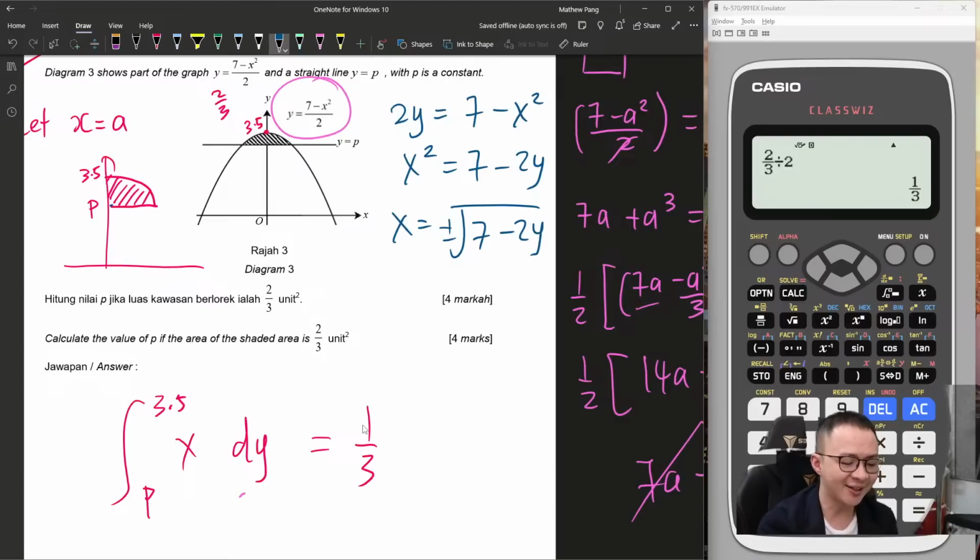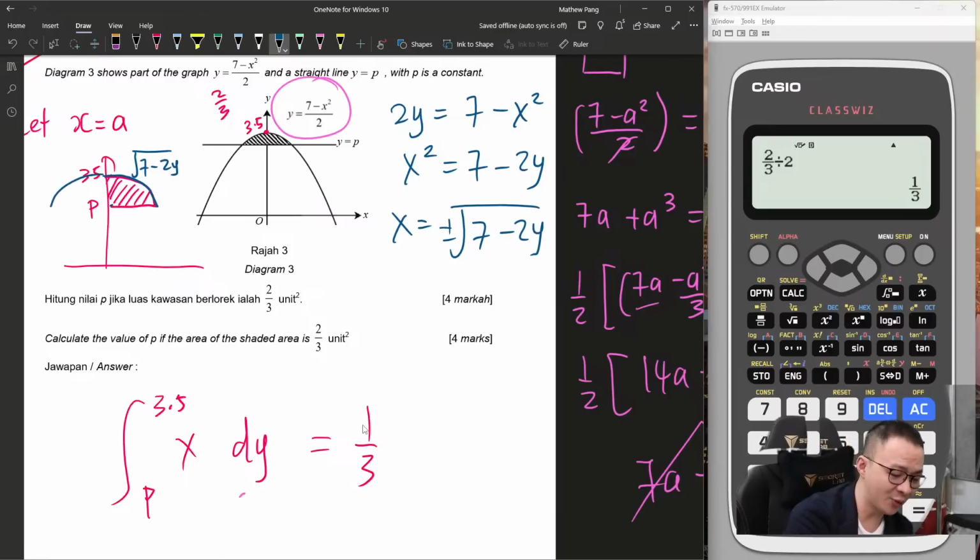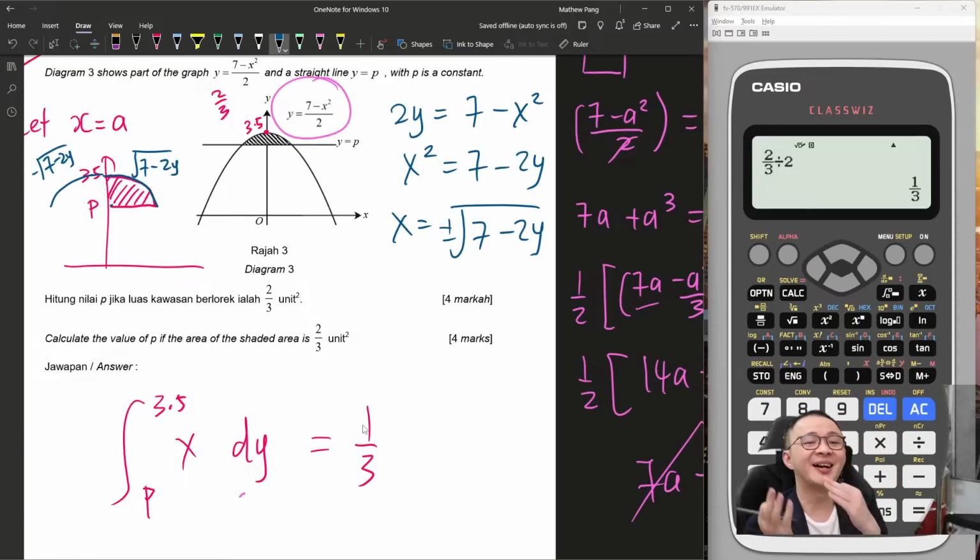So basically, you have two curves here. One curve is the positive version, another curve is the negative version. So from here, one of them, I believe this one, is the square root of 7 minus 2y. And the other side, this one will be negative square root of 7 minus 2y.